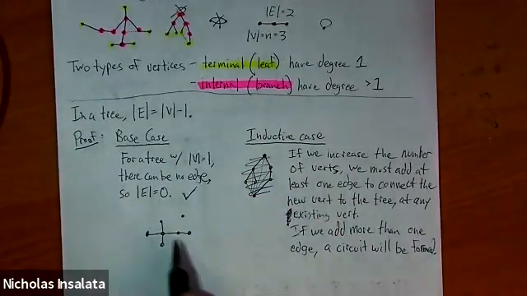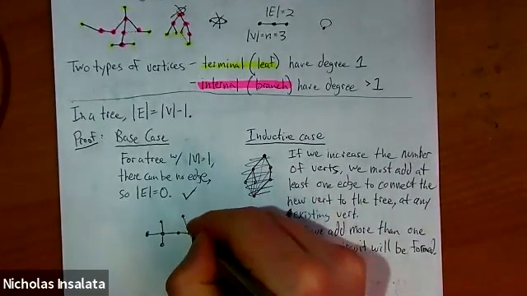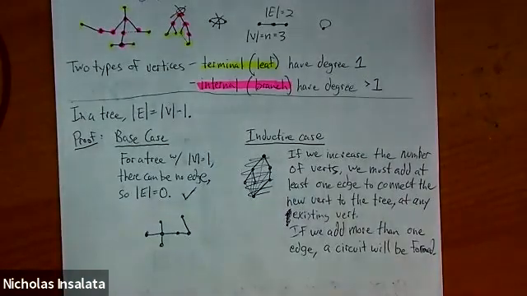Which vertex should I connect the new one to? Any of them, but let's pick one. Which one do you like? The rightmost. Okay, sure. There we go. So we're connected down there. We've got our new vertex and we've added one edge.